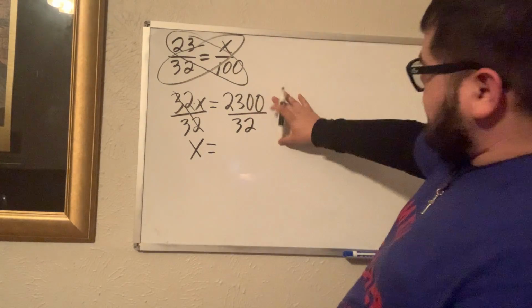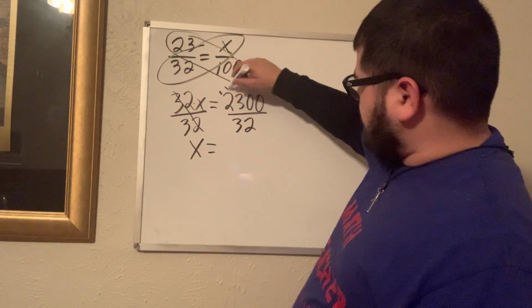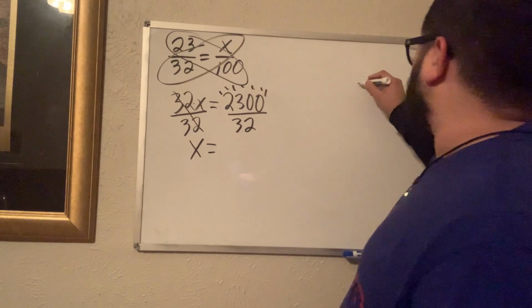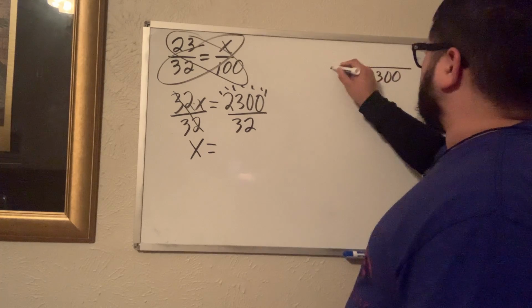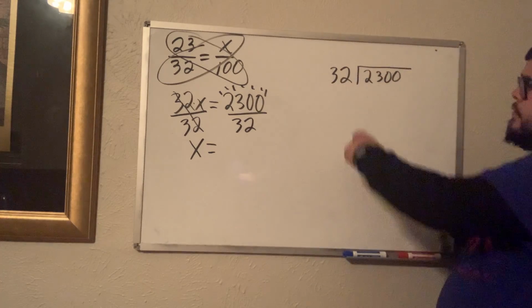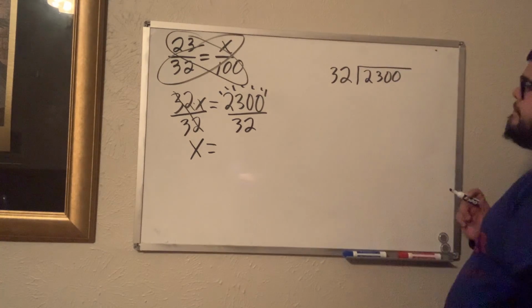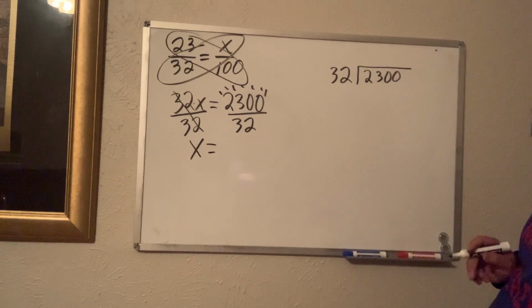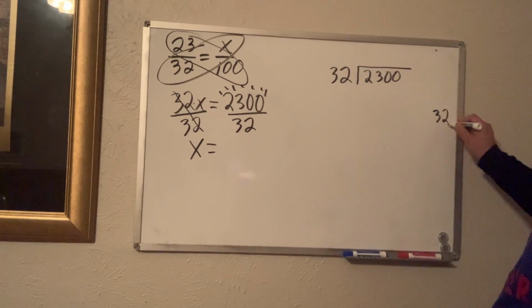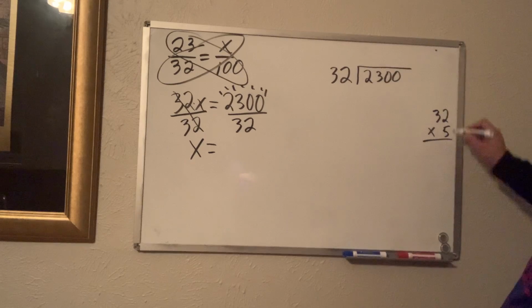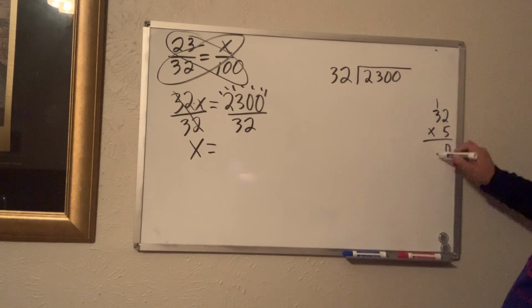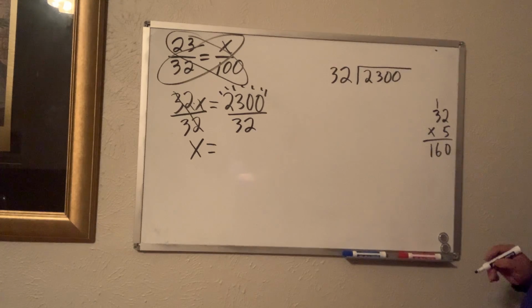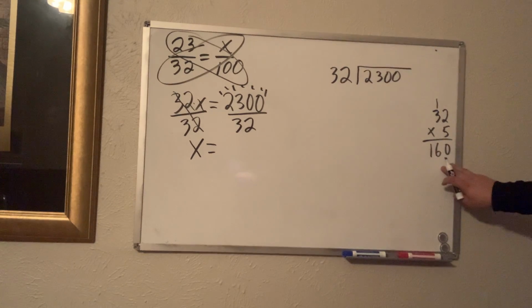Now, we need to divide this. So let's do that. 2300 is getting rained on. It wants to go inside. Let's do that. 32 on the outside. 32 into 230. Wild guess. 32 times 5. 5 times 2, we get 10. Carry the 1. 3 times 5, 15 plus 1, that's 16. That's not enough, right? If we add 32, we get 192.